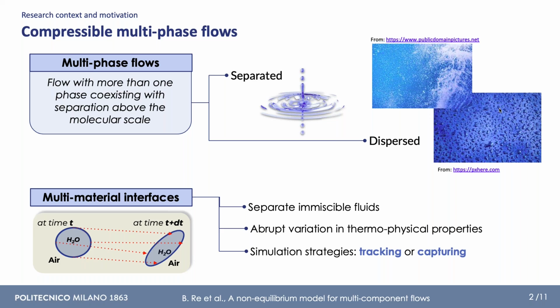The first one is the explicit tracking of these interfaces, so the position and the movement are tracked in time, or otherwise we have interface capturing methods, in which the position of the interfaces is reconstructed according to some integral indicator. This interface capturing strategy is the one that we present in this talk.